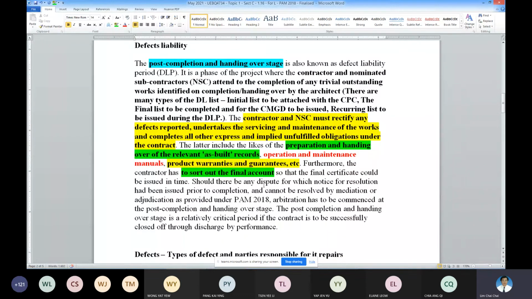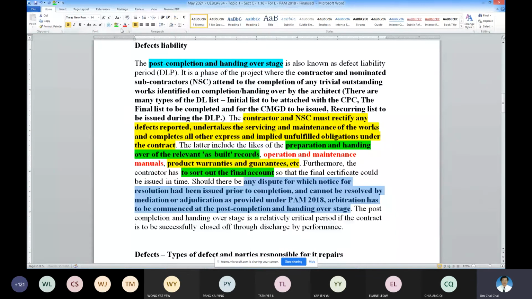If there is any dispute, you can always go for arbitration. No more mediation, I believe. No point, already completed. Why go for mediation again? If the dispute over the computation or whatever cannot be resolved, you can go for mediation and so on, but the preferred route after this stage will be arbitration.